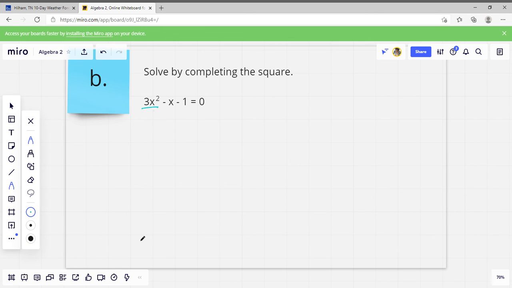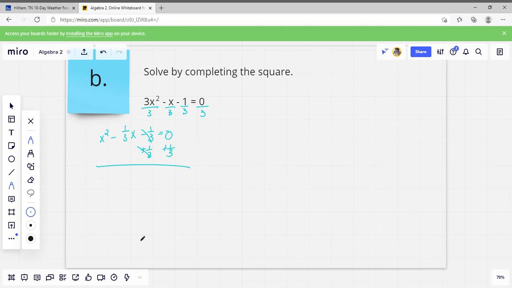All right, so this one we're going to divide by 3 on every term. And we're going to get x squared minus 1/3 x minus 1/3 equals 0. And we're going to add 1/3 to both sides.